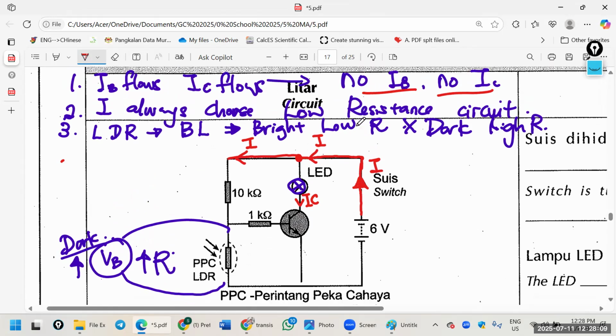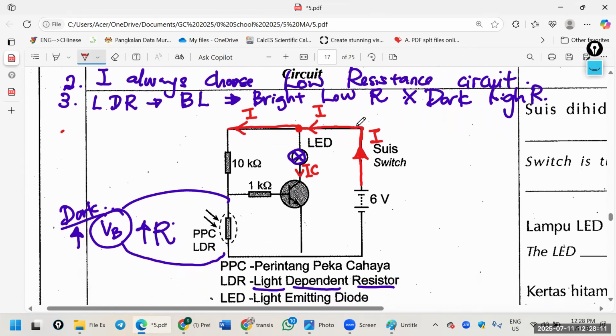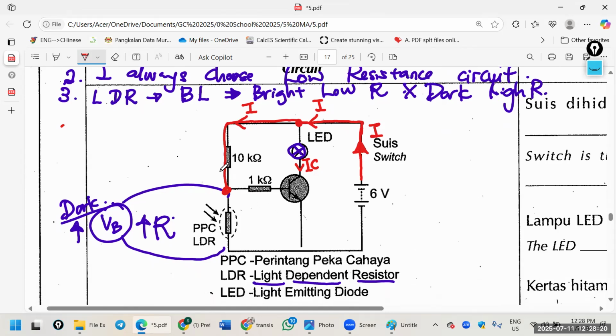Now not yet got IB. So it will go straight and come to here, reach another junction. Can you see now the current has two ways to flow? Either go down or go right.